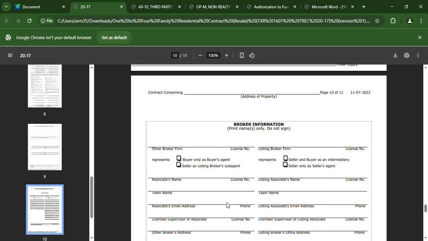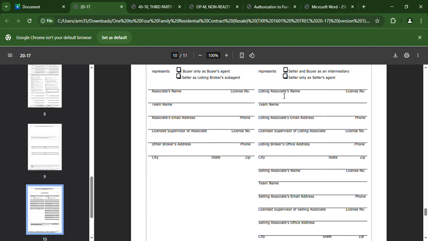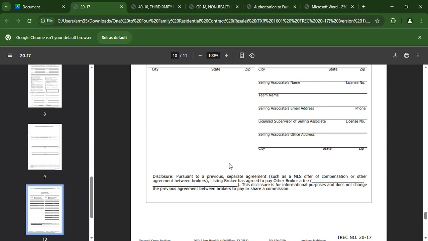The buyer agent information would go here, and I am the buyer's agent, so I'd click this and not that one. The listing broker firm's, this would be the seller's agent's information would go here.